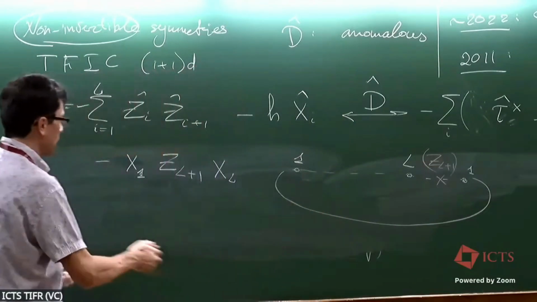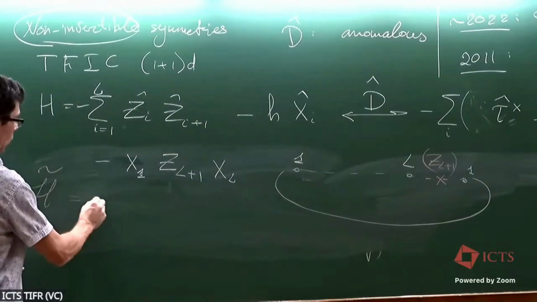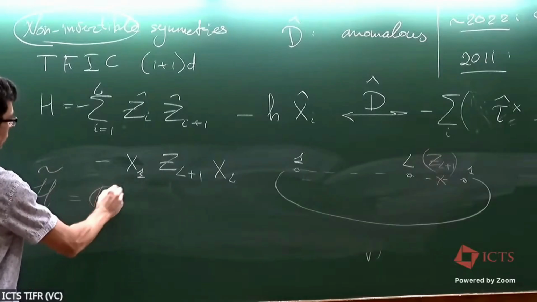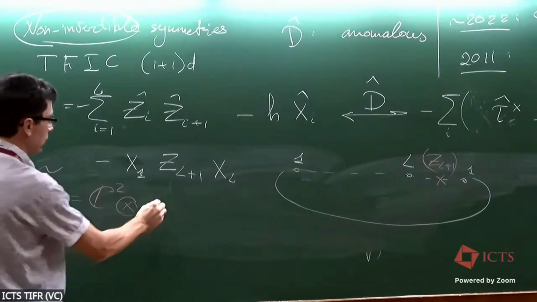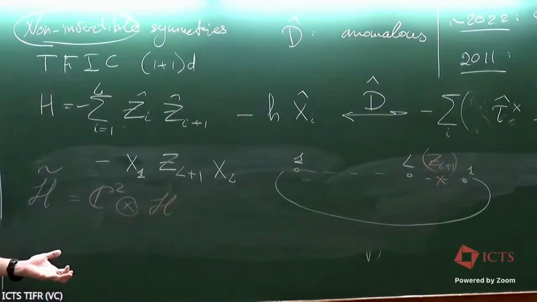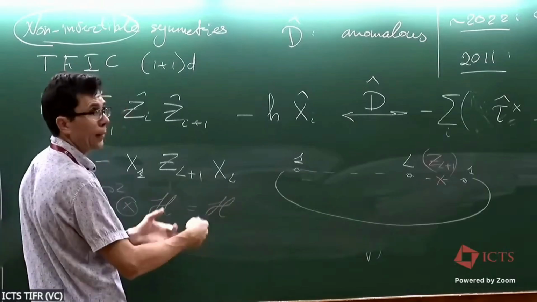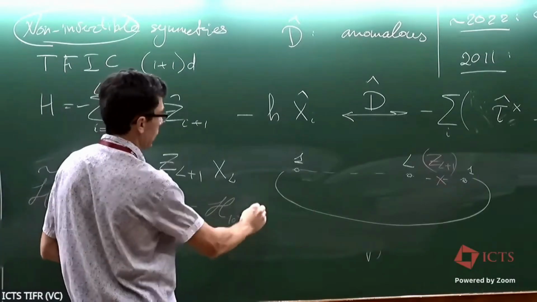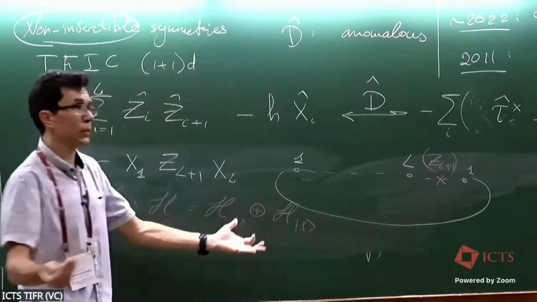You see that the price that comes is that I have to work in an extended Hilbert space, which in this particular case happens to be the direct product of this extra ancilla times the Hilbert space of the original model. Or another way to say it is that I have 2 copies of the Hamiltonian. I have one where the ancilla is in a 0 state, and I have another where this ancilla is, let's say, in a 1 state.